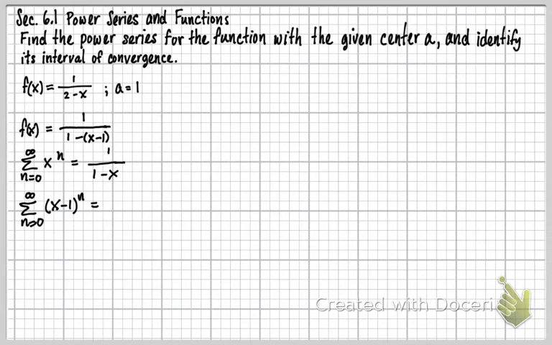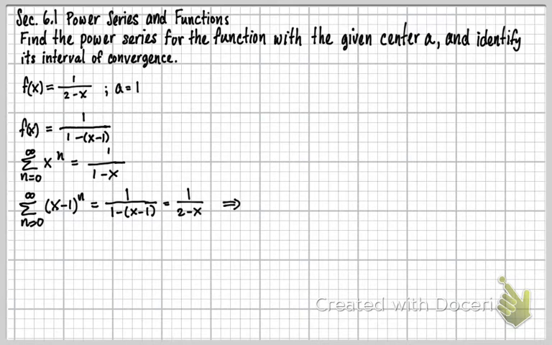Now we know that's going to give us that 1 minus (x minus 1), which equals the 1 over 2 minus x. I kind of showed you that already. So our answer for this, we did find the representation.